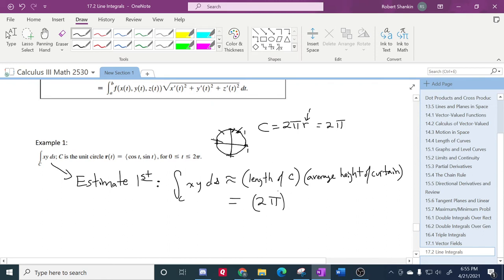And then the average height of the curtain. We're going to be multiplying the x and the y's together as we move all the way around. So it should be 0. Why 0? Because both of our functions are cycling through a complete period of 2 pi.